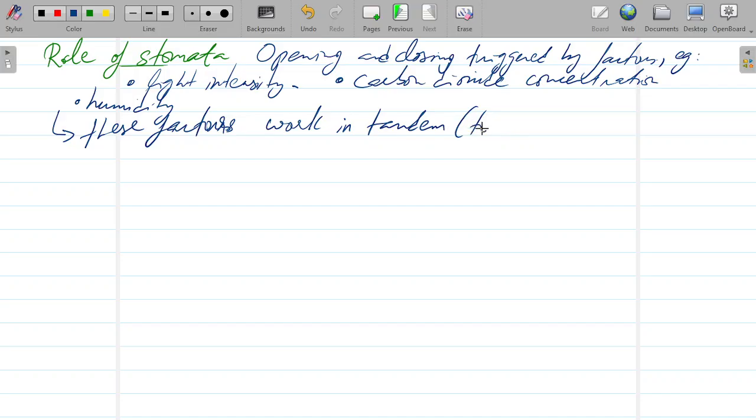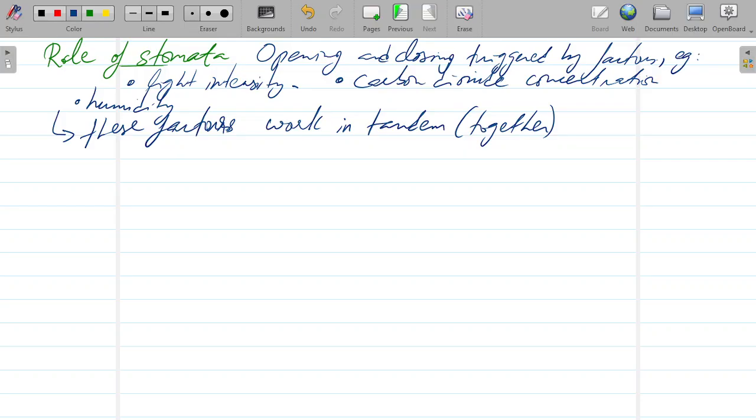meaning together. So the plant sort of processes what the overall situation is and then decides whether to keep the stomata open or closed. If you have an increase in light intensity, which would be like the day, the stomata would open. It would also open if there is low carbon dioxide concentration in the leaf, because you want more carbon dioxide coming in for photosynthesis to occur.